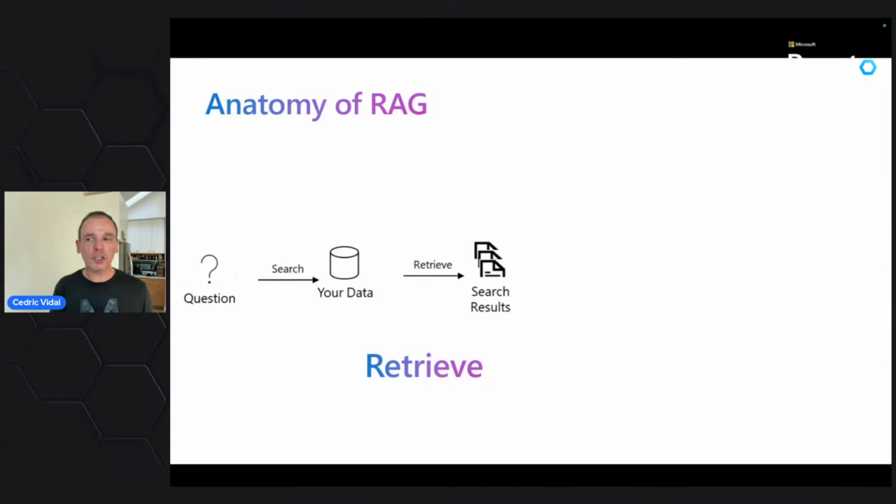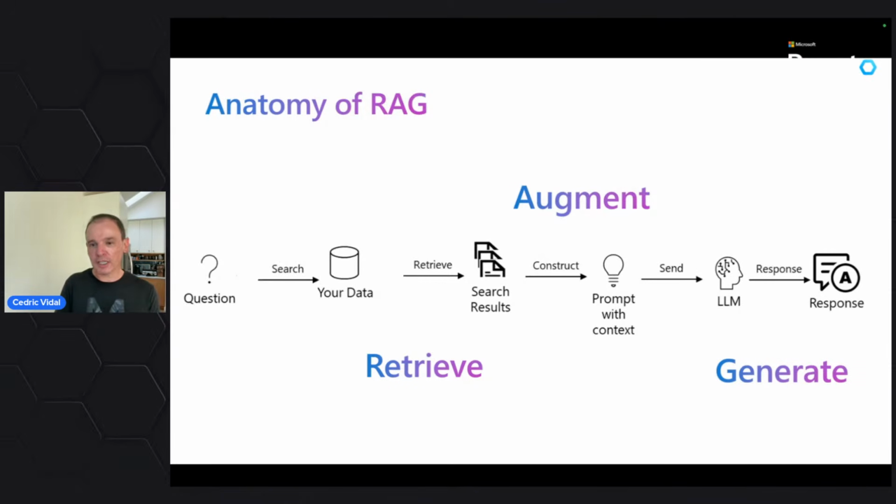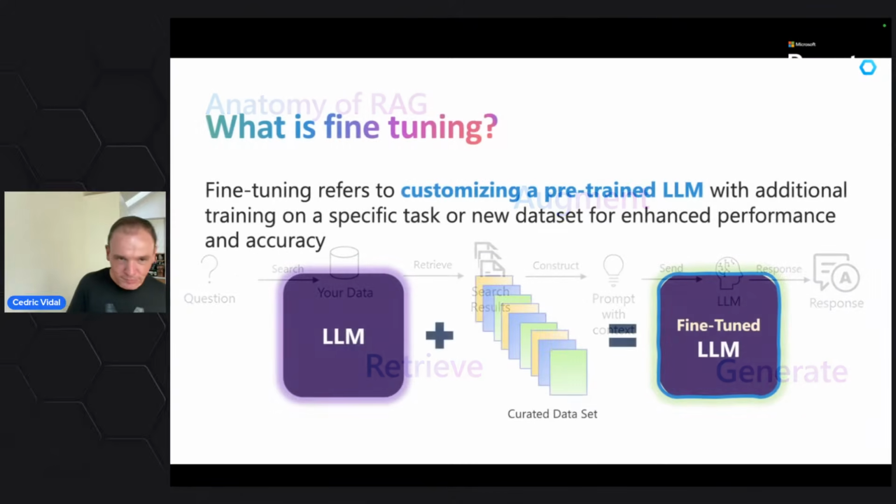You retrieve the documents that are the closest to your question, bring them into the context, and then you build a new prompt that you send to the LLM, which contains both the question plus the relevant parts of the documents, in order for the LLM to generate a grounded answer. So that's basically how RAG works.